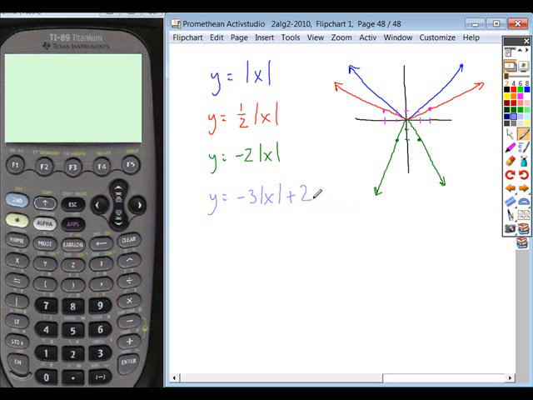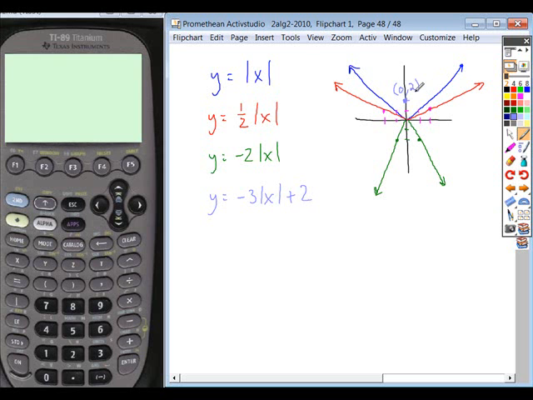The vertex originally was at 0, 0, but what's our vertical shift telling us? We have to shift it where? 2 up. So we go up 1, 2. So here's our new vertex. My suggestion when you're sketching these is to label the vertex opposite the direction that it opens. So what are we expecting this graph to open, up or down? Open down. So we're going to label it above, and so the point is 0, 2.